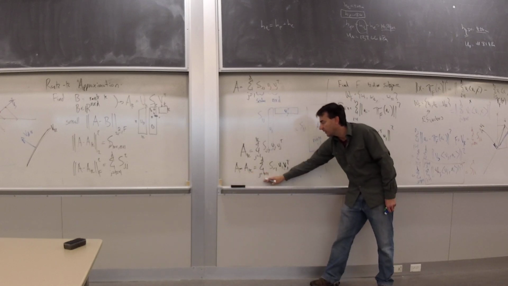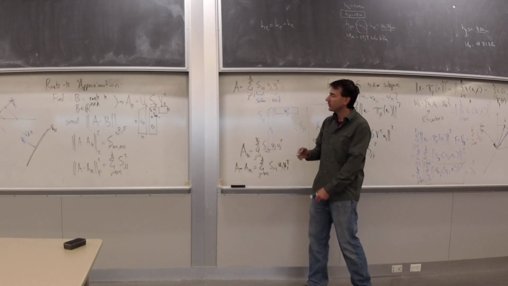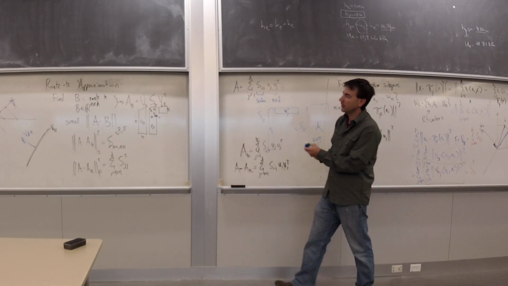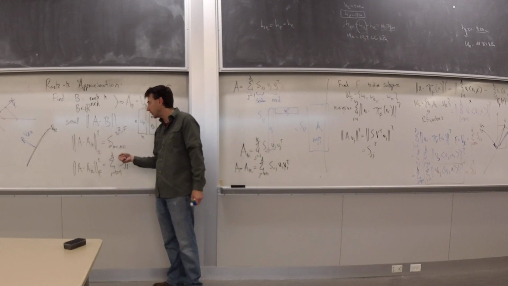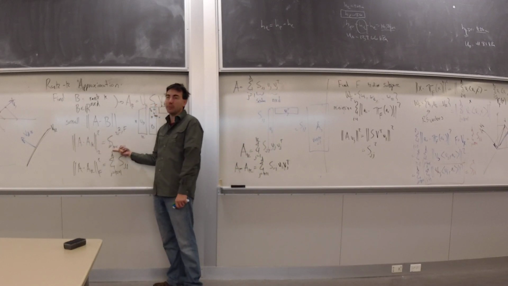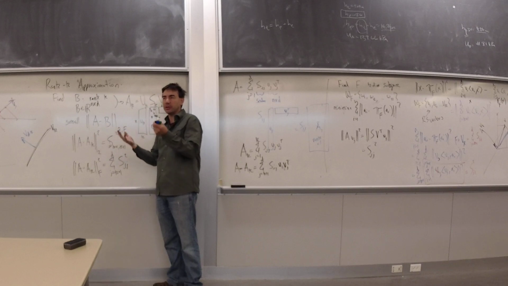So A minus A_k is just all the terms of the residual from k plus 1 up to d. The spectral norm is the single direction with the most variation in it, and that's going to be the k plus 1 singular value that's left over, the single most variation in any one direction.